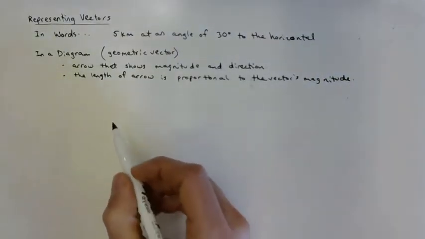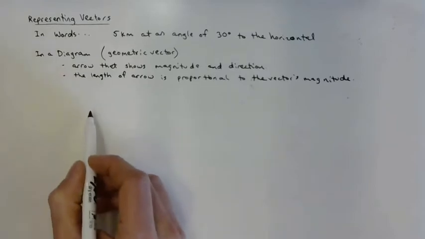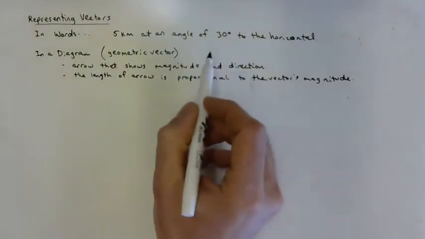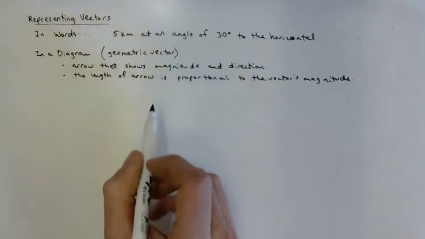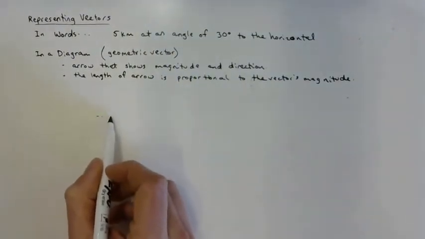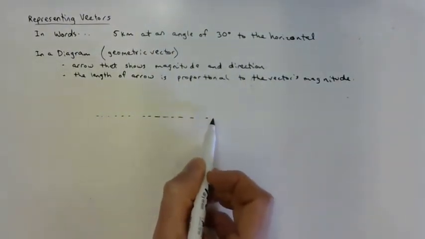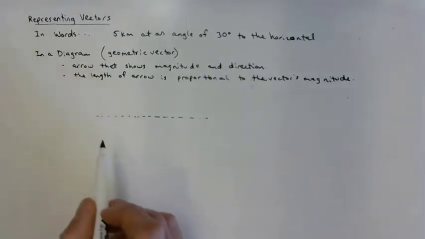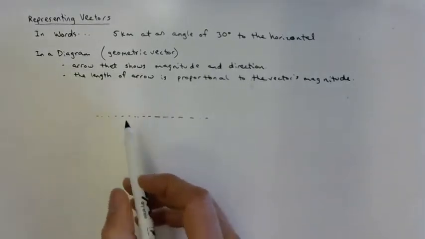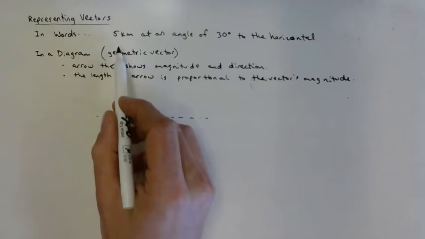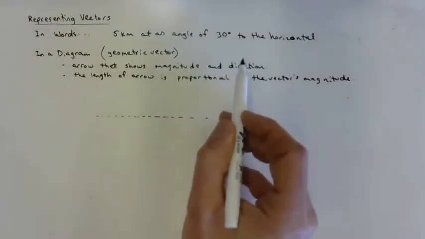Okay, so I'll draw a diagram, and we're going to use the same example as we did up here in words. So I'm going to draw the horizontal. Horizontal is just a horizontal line, straight line. And we're saying we're going 5 kilometers at an angle of 30 degrees to the horizontal.